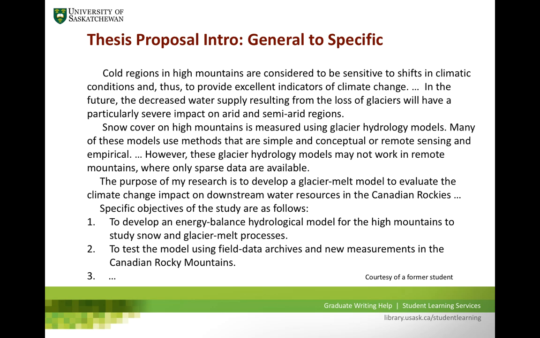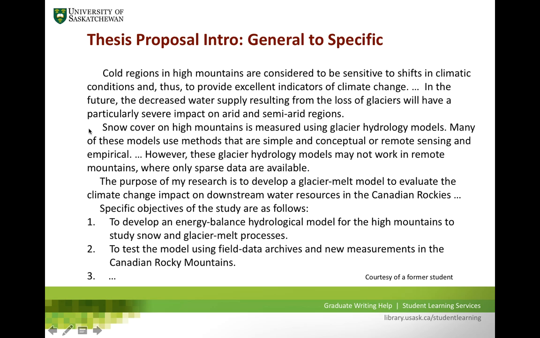So you can see here, again, the student starts very broadly, high mountains in general, and how they are indicators of climate change, and then the impact of climate change, decreased water supply, and the impact on regions of the world.